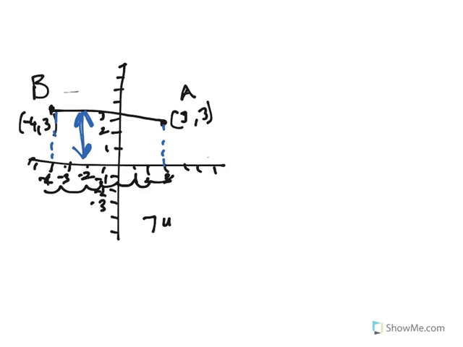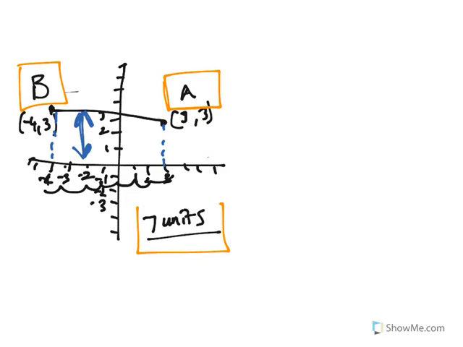All right, so we know that the distance between point B and point A is 7 units because we just counted. The reason why we were able to count is because our line segment right here was parallel to the x-axis.